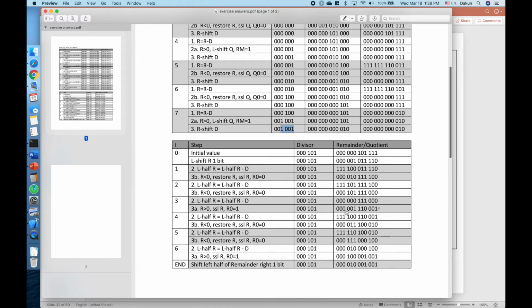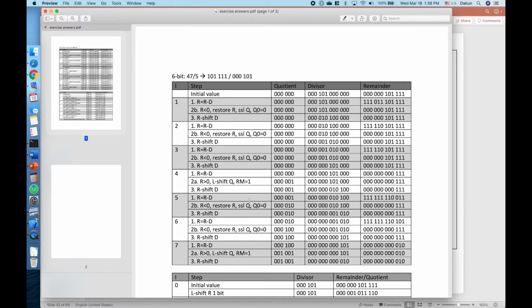For the optimized division algorithm, we also get a quotient of 1001 and a remainder of 10. Recall that the left side of the remainder register is the remainder and the right side of this register represents the quotient. I will also post this file to Blackboard.